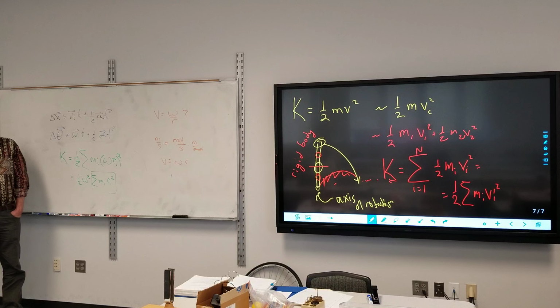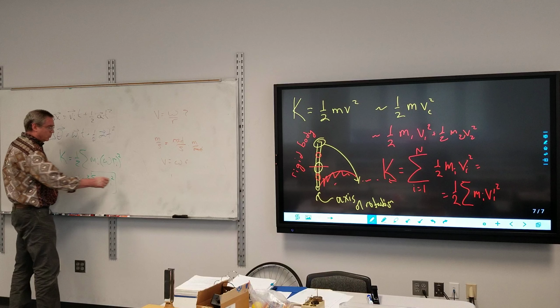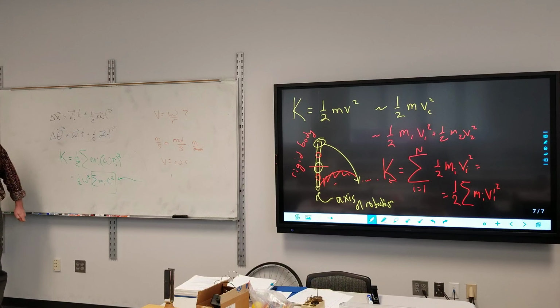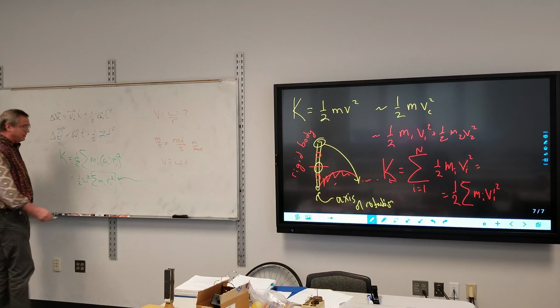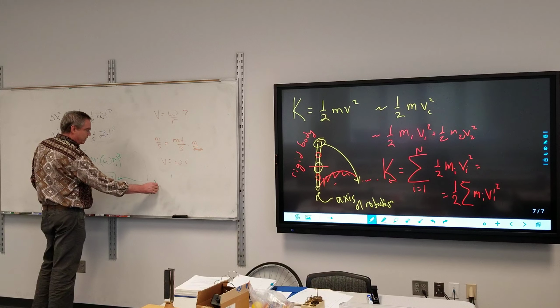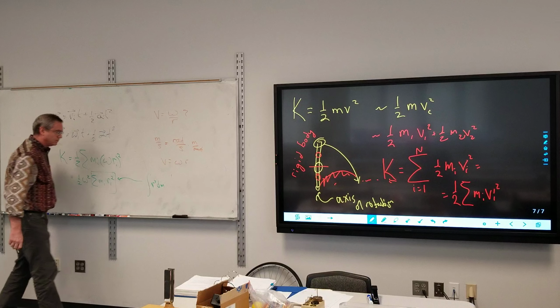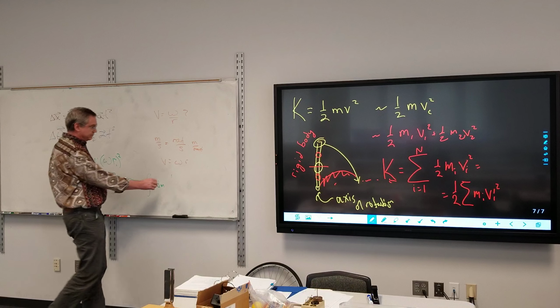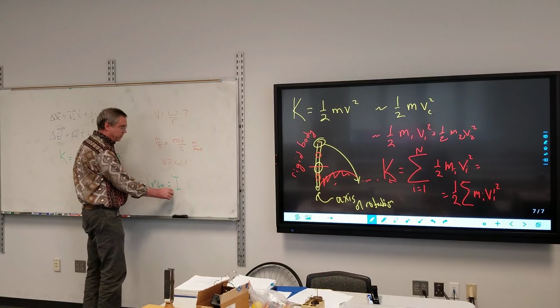Or I guess, what do you call it in calculus? Have you got it? Differential? Pardon? Is it a differential? It is. So this right here, if we actually went into an infinite number of infinitesimally small things, it's just the integral of r squared dm. And that is the moment of inertia.